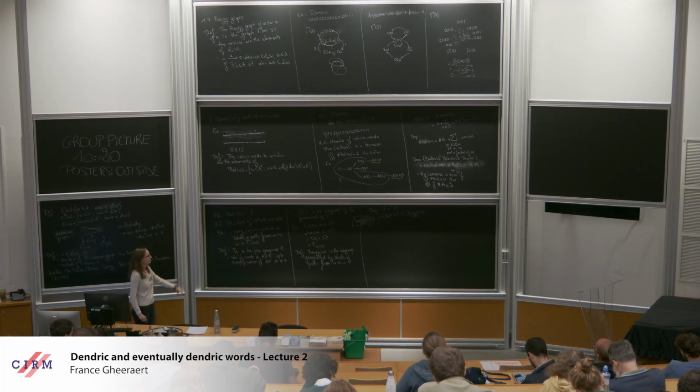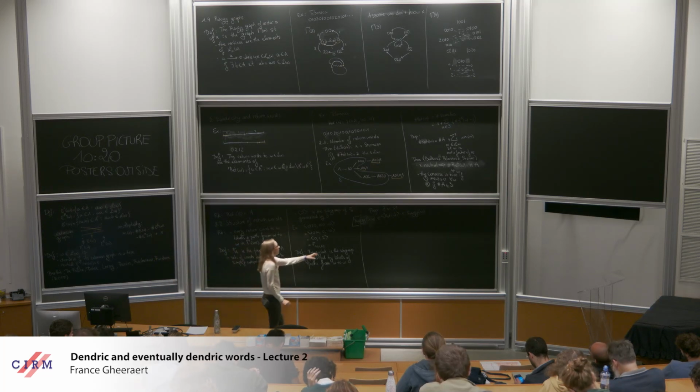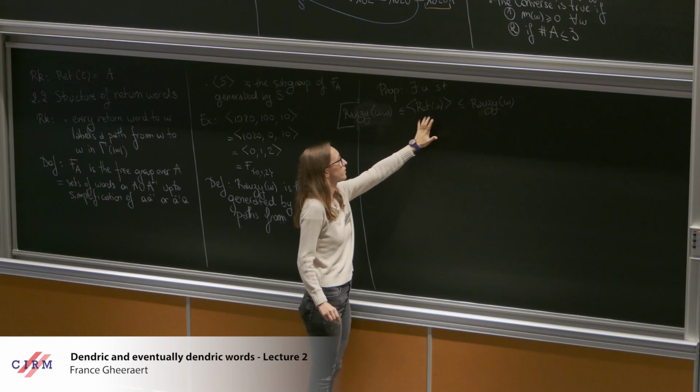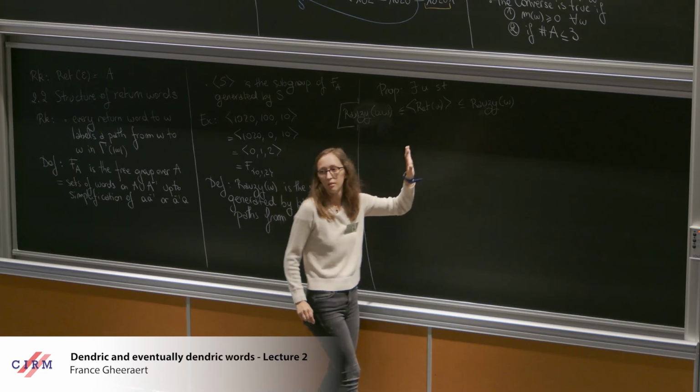This is a general result, assuming uniform recurrence. So now this is controlled by Rosy groups.